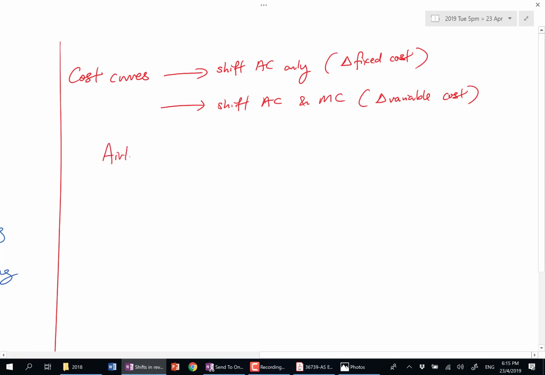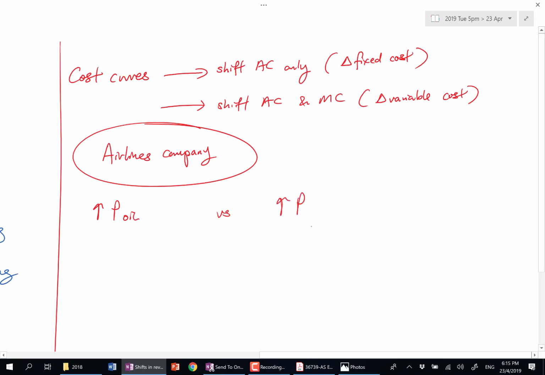So if I'm looking at an airline company, higher price of oil versus higher price of planes.